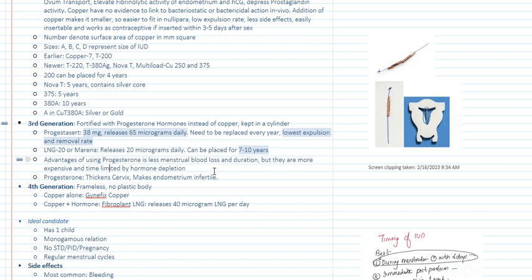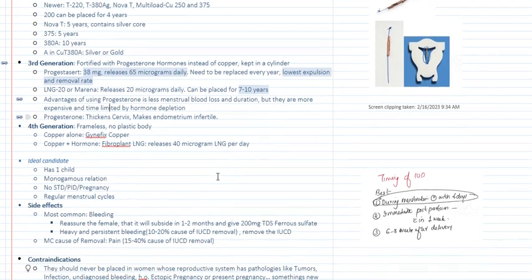Ideal candidate is a woman who has already one child, who is not in a polygamous relationship, that is, has less chance of getting sexually transmitted diseases, has no history of those diseases, no history of PID or pregnancy, no pregnancy right now, and has regular menstrual cycles.